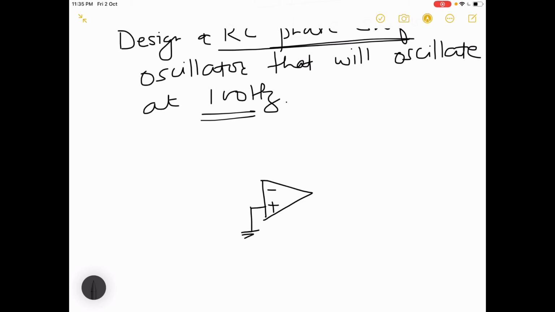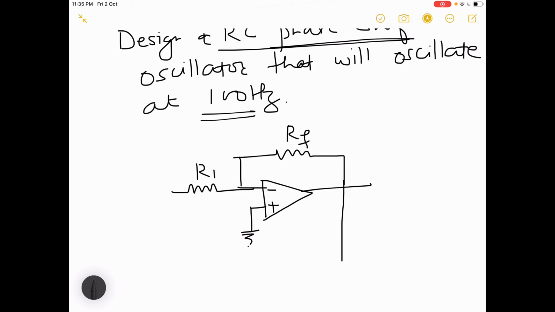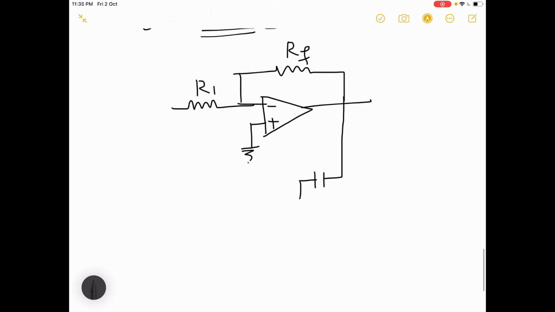So the non-inverting terminal should be grounded, then here my RF in the feedback path, okay, then here is my R1, okay, and then in the feedback path there are three combinations of CR, R is grounded here, CR.